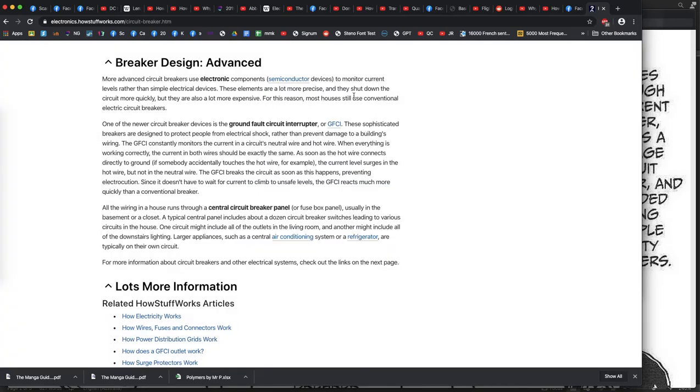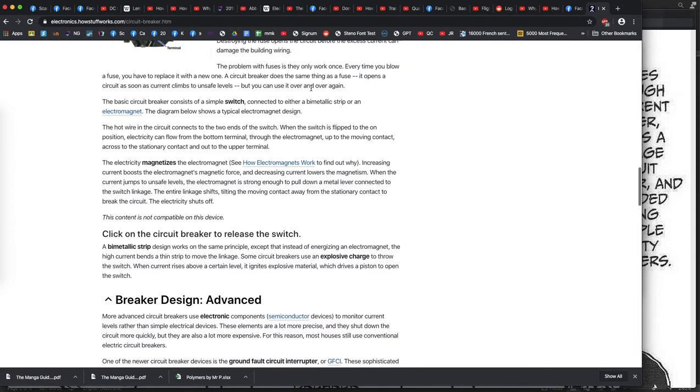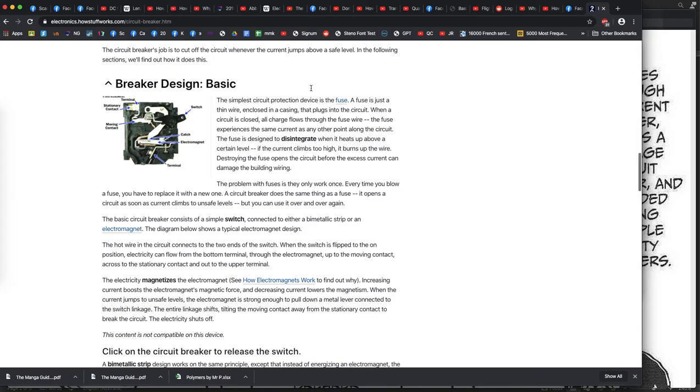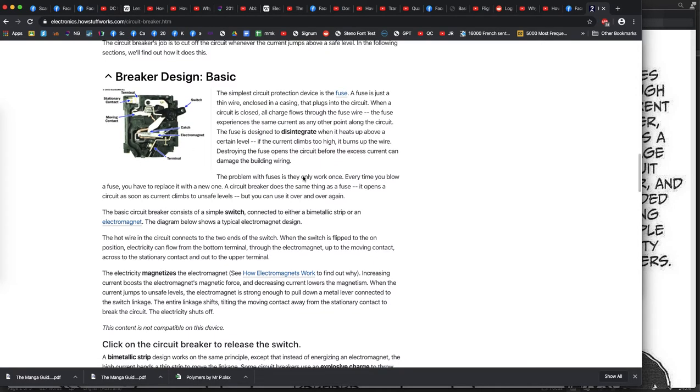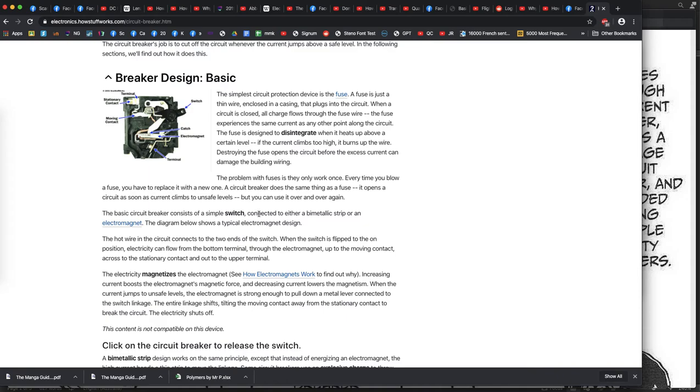So let's have a look here. Okay, great. Basic design. There was no picture earlier, so I was concerned. Okay, so with a fuse, it disintegrates. The basic circuit breaker consists of a switch and a bimetallic strip. There we go, that's what I was looking for.